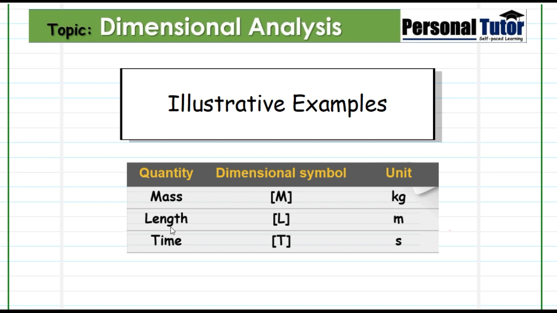Whenever you meet length with dimensional symbol L, its unit is m, meter. And lastly, time. That is a capital T in a square bracket. Its unit is seconds. So you note this very well, how these dimensional symbols are converted to their units.